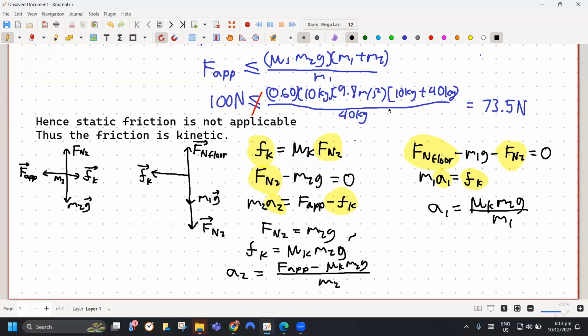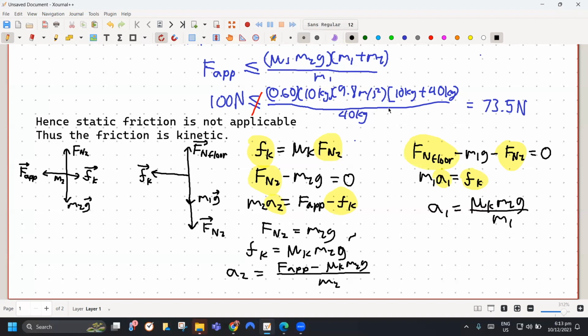Tingnan mo yung free body diagram mo. M2 times A2, we're expecting na that should be negative, kasi yung acceleration na i-expect natin pakaliwa.